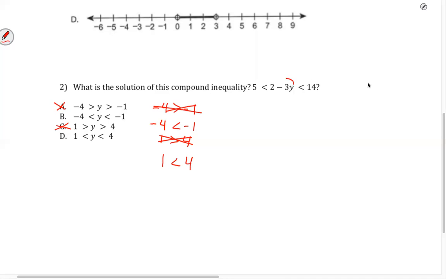Do you see how there's a negative in front of that y? Chances are I'm flipping my signs, because when you divide by a negative, you need to flip your sign. I have a positive number here and a positive number there. When I divide a positive number by a negative number, I should be getting a negative number, right? So I'm leaning towards B. I haven't done anything. That's just me making an educated guess.